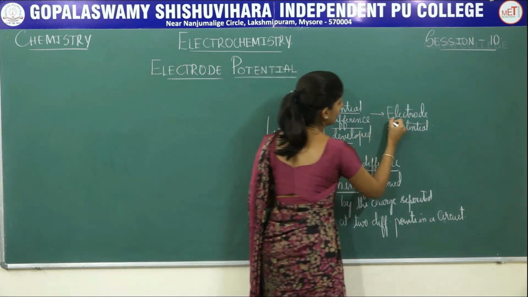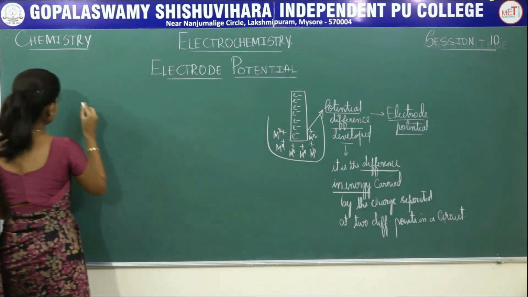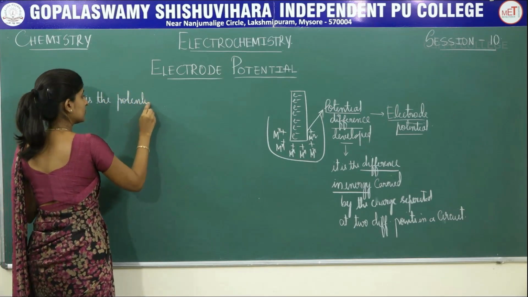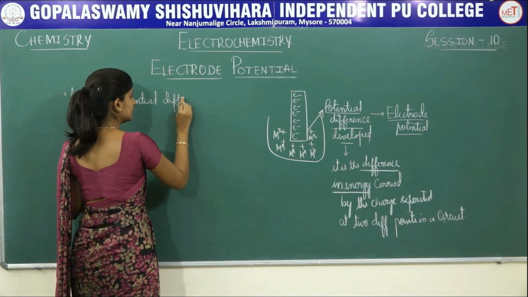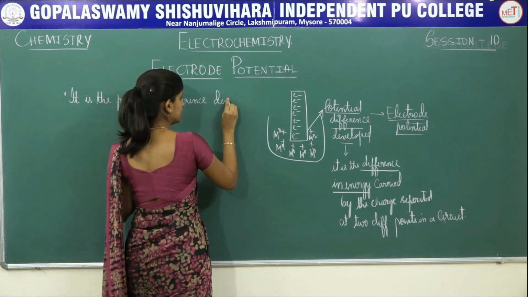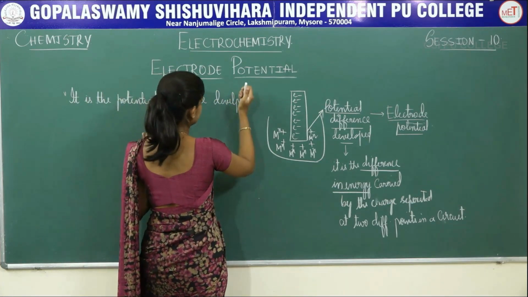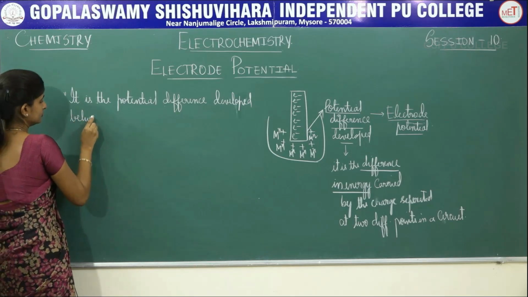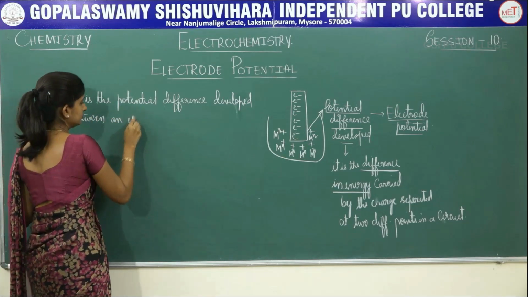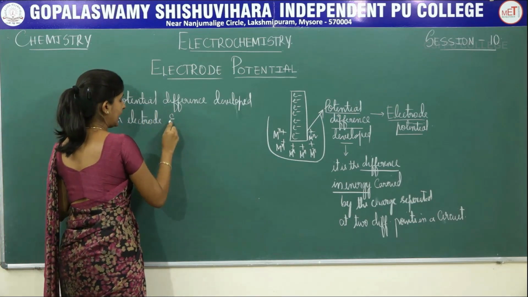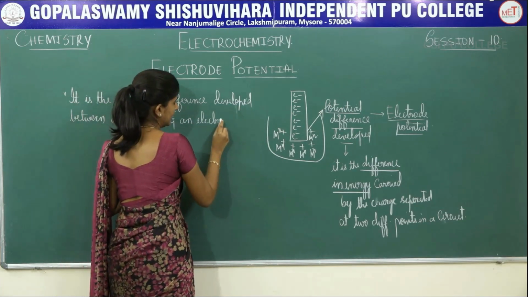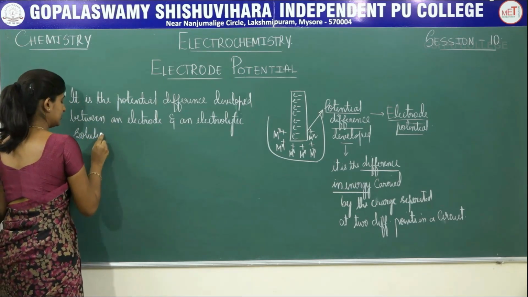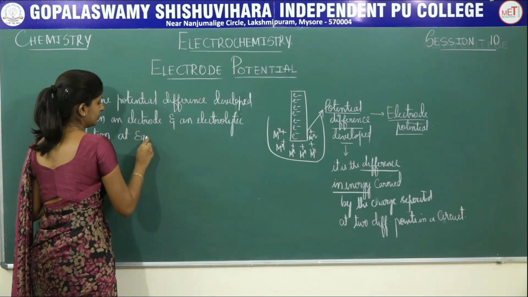So, how can I define this electrode potential? Electrode potential can now be defined as the potential difference developed between an electrode and an electrolytic solution at equilibrium.